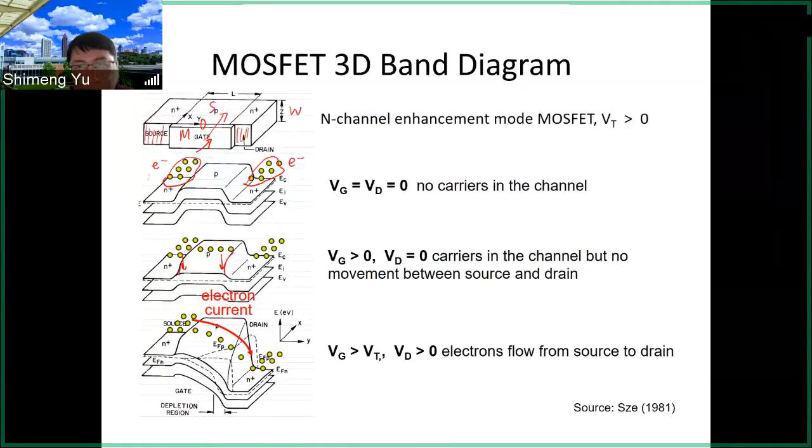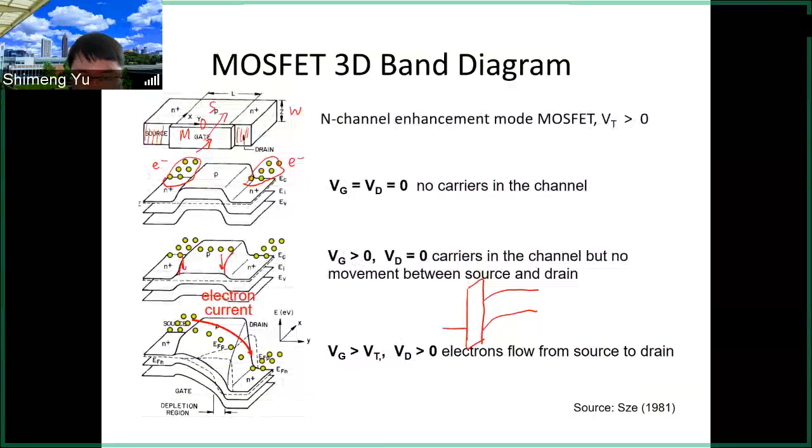If you recall the last lecture 8, we drew this kind of MOSFET band diagram, something like this. When the gate voltage is larger than the threshold, the gate voltage is going to bend down the band, and then the surface is inverted to electron.